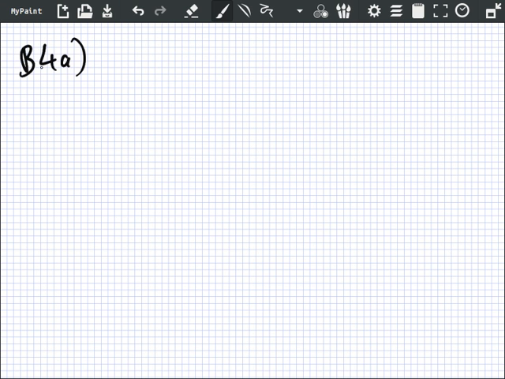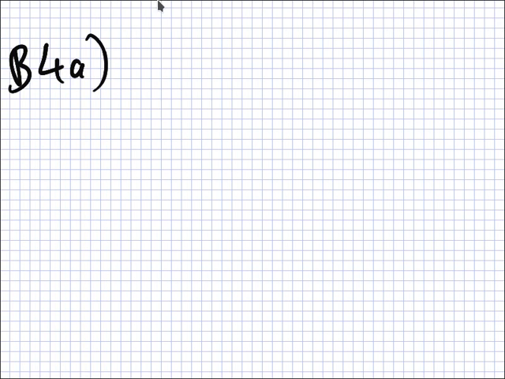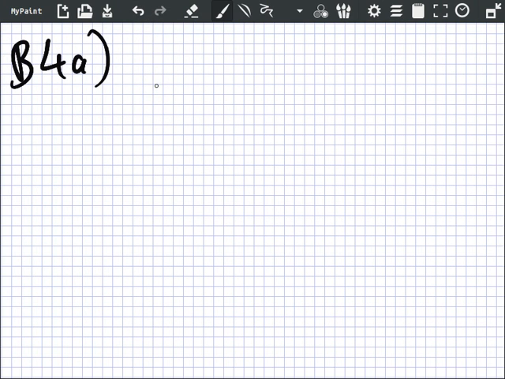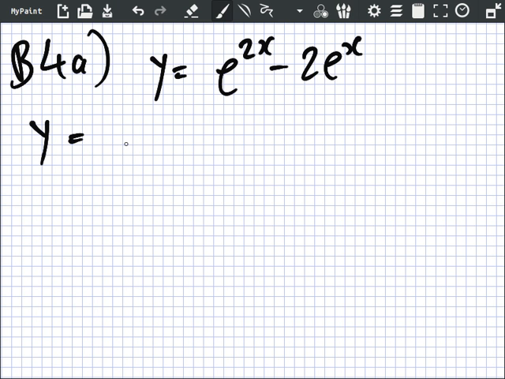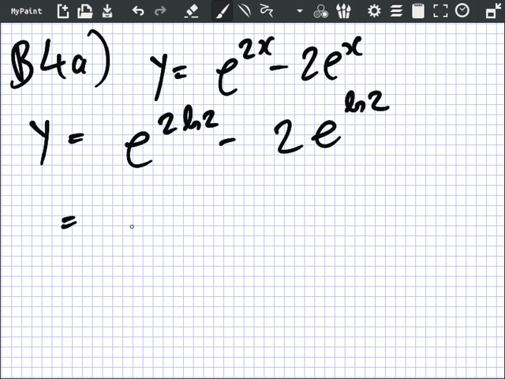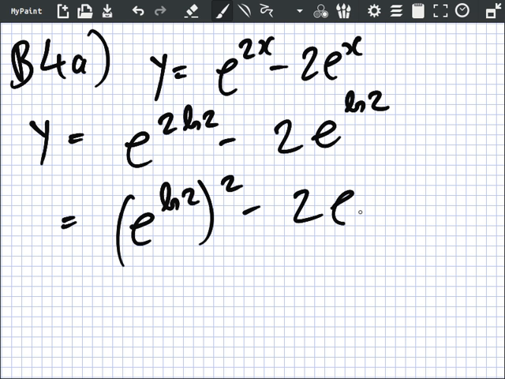B4A, for 2 marks, nice and simple to start with. They want the value of y when x is log 2. So that's y equals e^(2 log 2) minus 2e^(log 2). That's (e^(log 2))^2 minus 2e^(log 2). The e and log cancel.